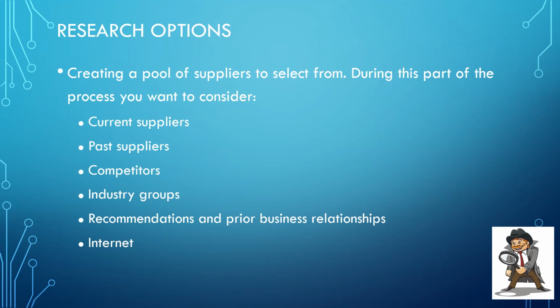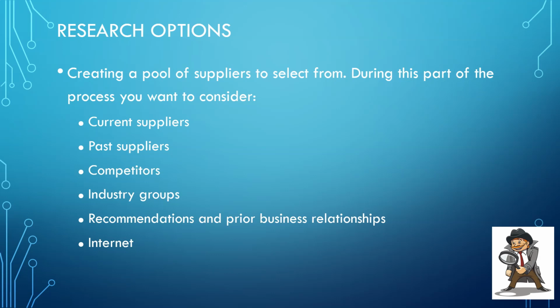Past suppliers, depending upon the reasons why they are past and not current, if they were dropped for the reason that they were not providing the quality required, and then they worked on that and became within the standards of the company, then you can bring them back to the list.